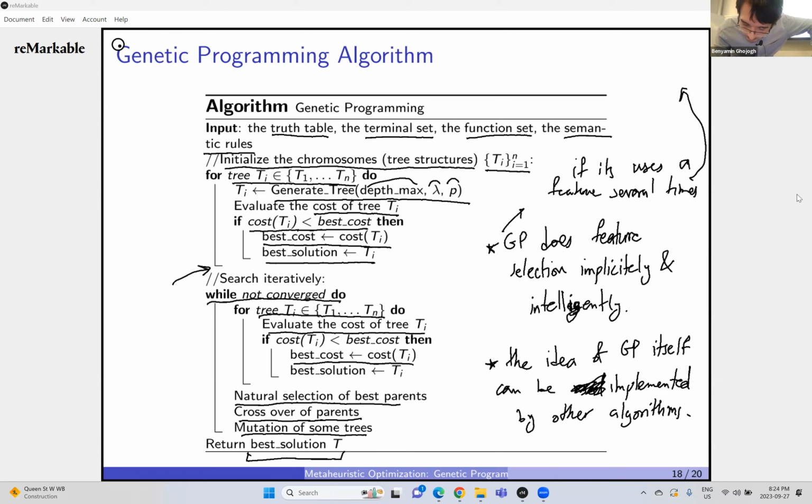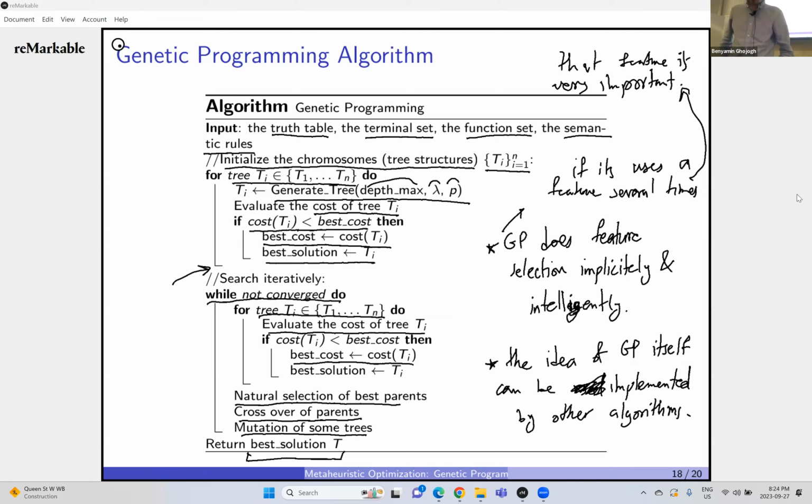That feature is very important, because it has been used several times for predicting the label. Also, the idea of genetic programming itself can be implemented by other algorithms, as I said. The idea is also novel.